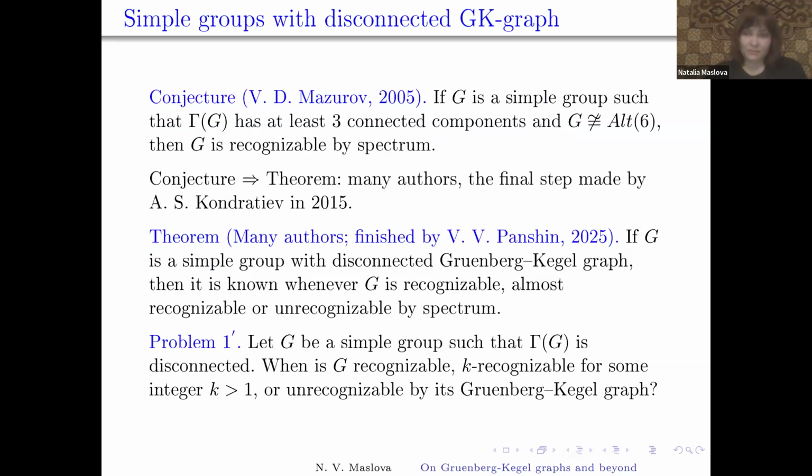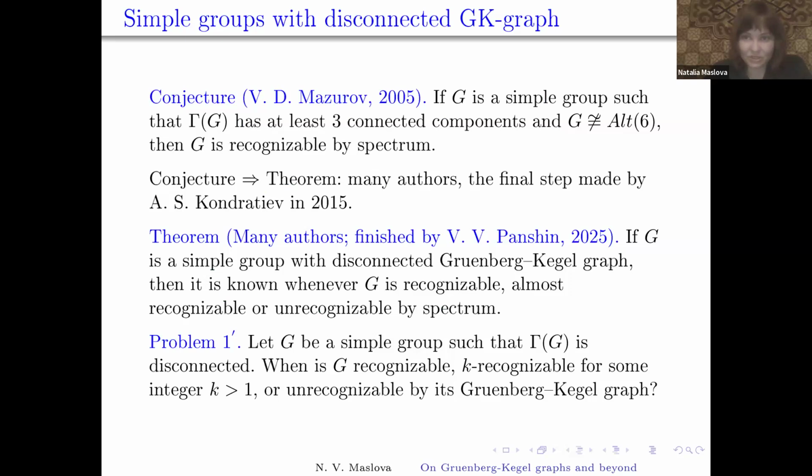About some recent results in this area. Around 20 years ago, Viktor Mazurov conjectured that each finite simple group such that its Gruenberg-Kegel graph has at least 3 connected components is recognizable by spectrum.